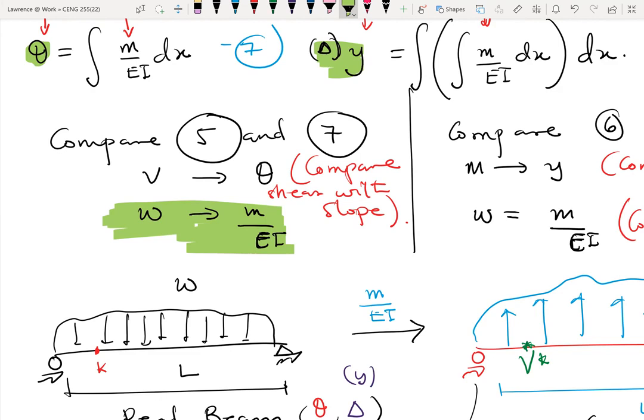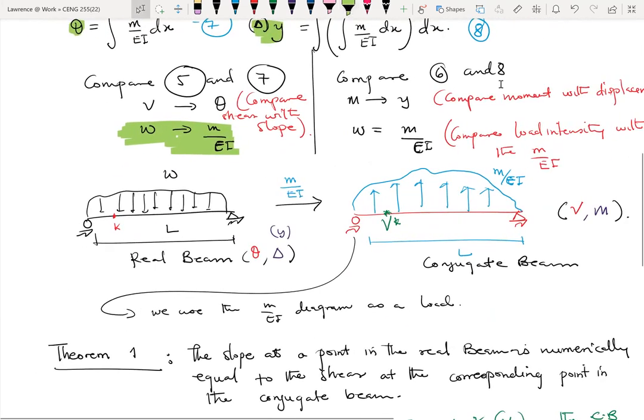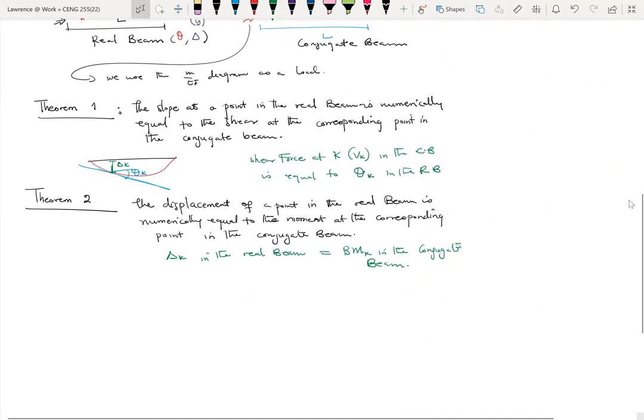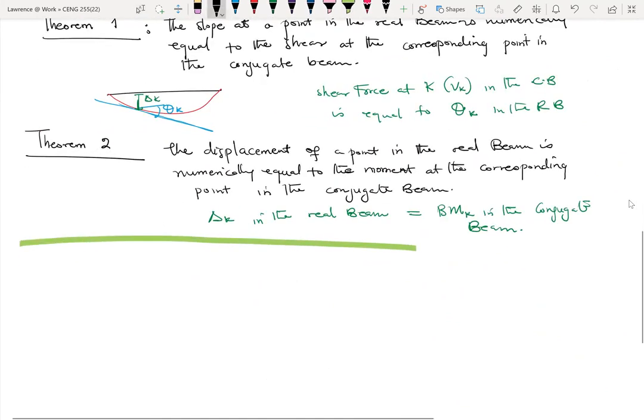All right. Now, for all of these to make sense, for all of these to work, we need to understand a few things also. One of them is to understand what we call the conjugate beam supports. Okay. So let me write that here.